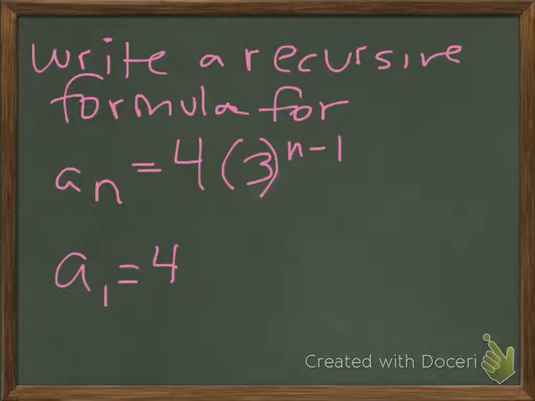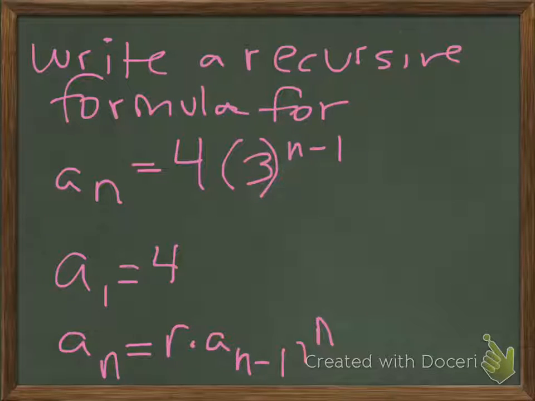So using the recursive formula setup, it was a sub n equals r times a sub n minus 1. And n is greater than or equal to 2 always. So we have the a sub n equals r.